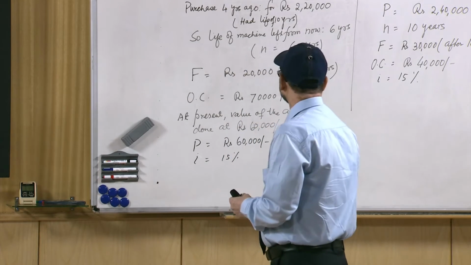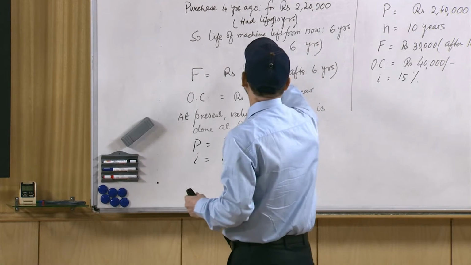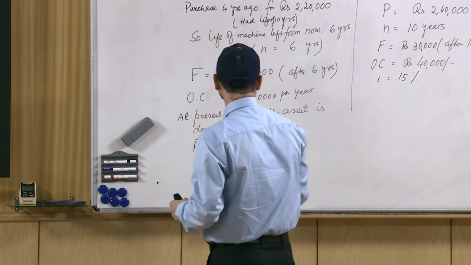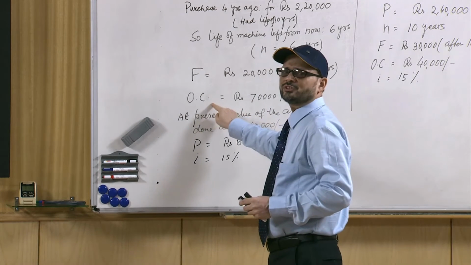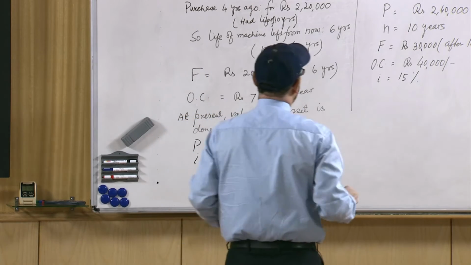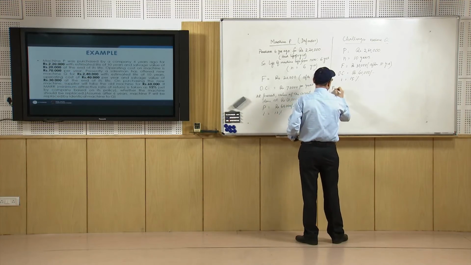Basically you have two components of costs, one is the capital recovery with return cost and another is the operating cost, which is the yearly cost. So, now let us see for the old machine.